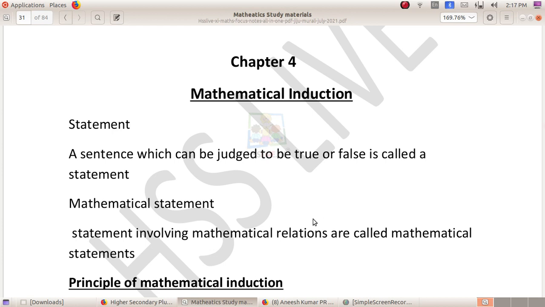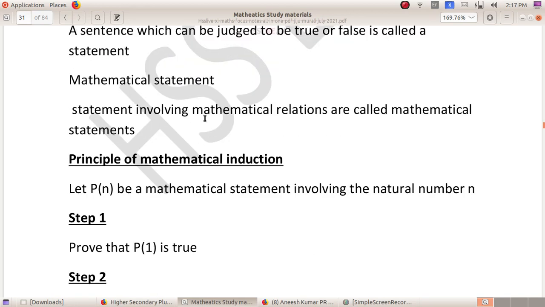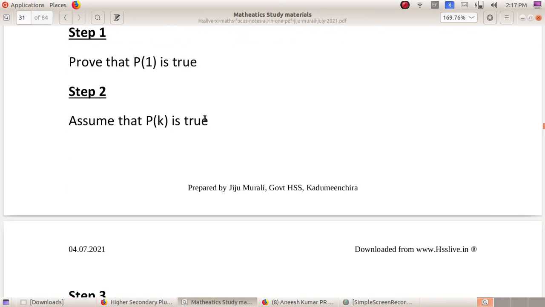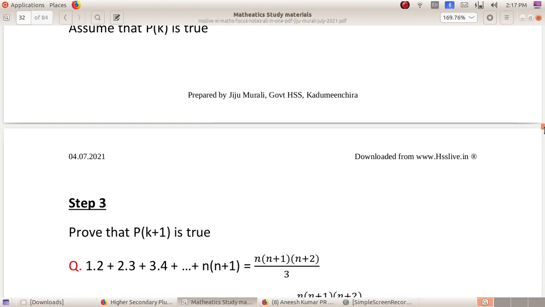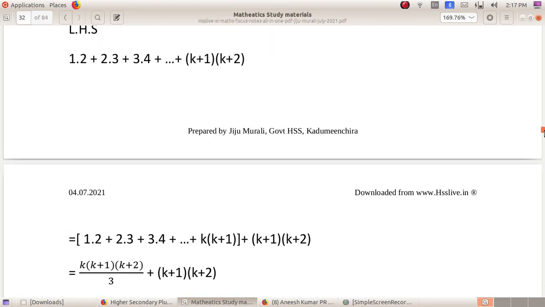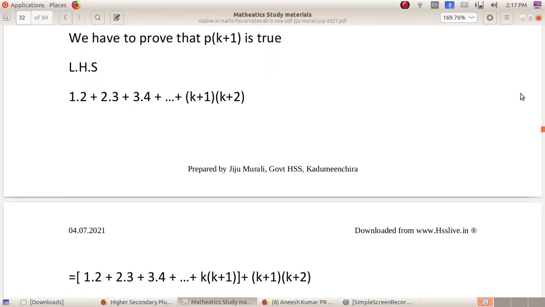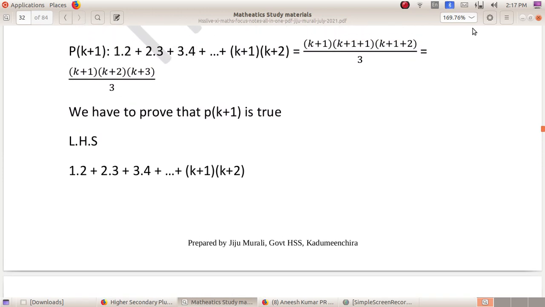Then next one, principle of mathematical induction. For discussing the principle of mathematical induction, first let us take a question. What is the question?